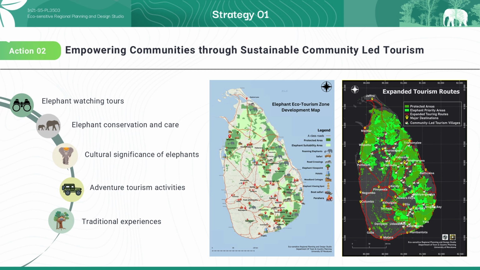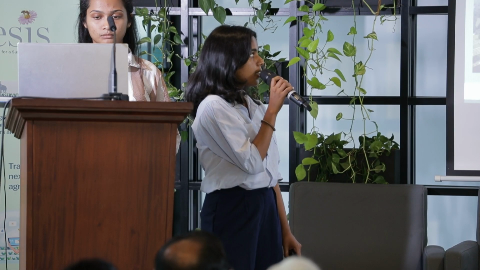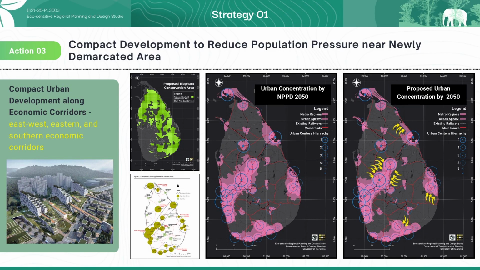The National Physical Plan has already introduced a corridor urban development model, which is ideal for Sri Lanka. But considering our newly demarcated elephant conservation areas, to reduce population pressure near these areas, our third action is introducing compact development, promoting dense planned developments near the east-west, eastern and southern economic corridors.